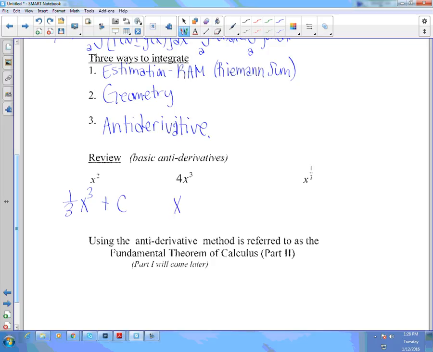Okay, x to the 4 plus C, we agree with that. Typically in reverse, we add one to the exponent, divide by it, and that's perfect, Alex. But there's always a plus C, because you can take the derivative of a constant and get 0, right? Any constant. Even if it's pi, the derivative of pi is still 0. What about this one?